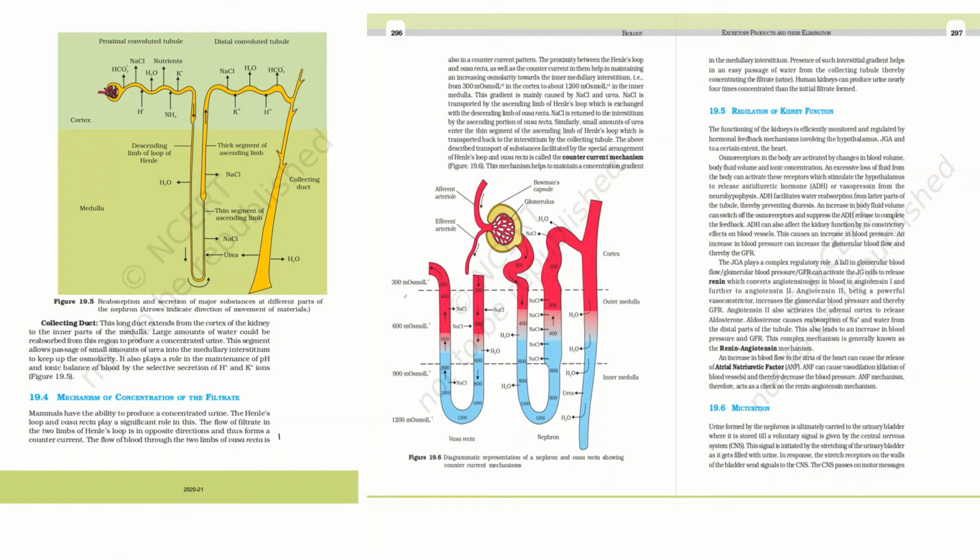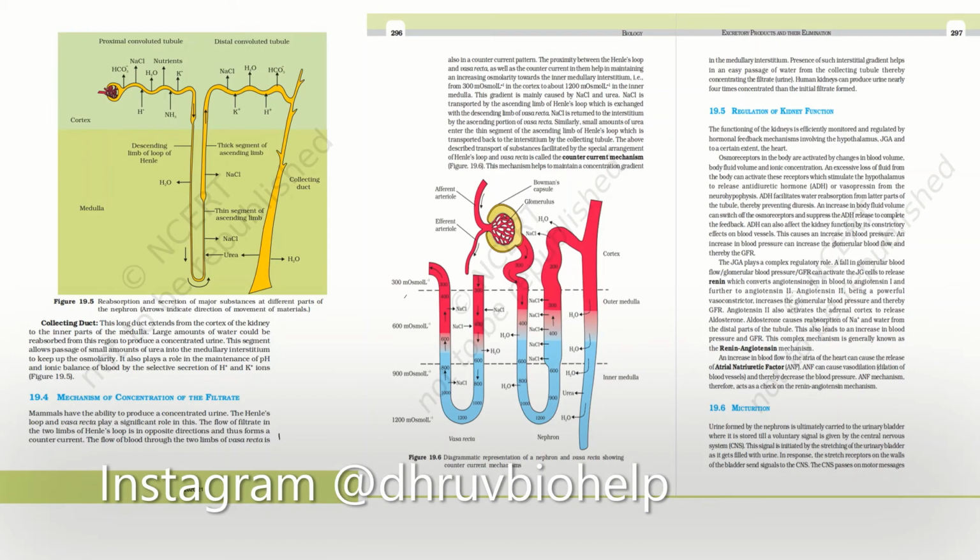So the collecting duct uses the gradient to maintain the urine osmolarity. The important part of this discussion is that the long loops of juxtamedullary nephrons create the gradient, and they are known as the counter current multiplier.